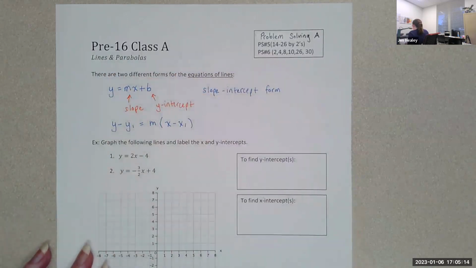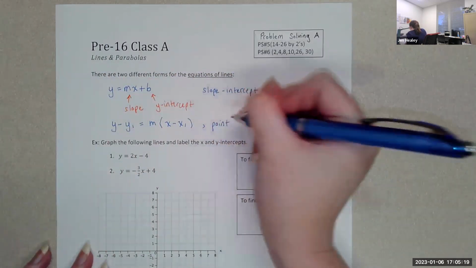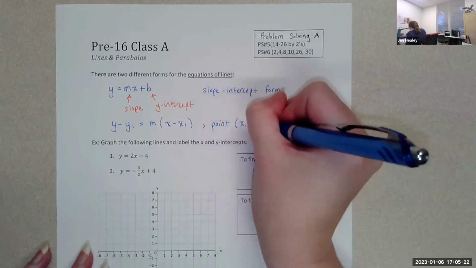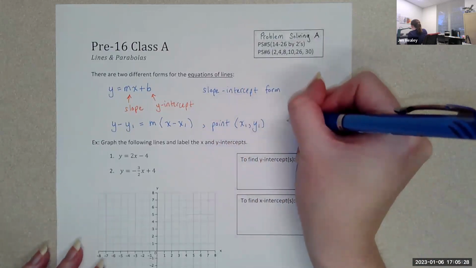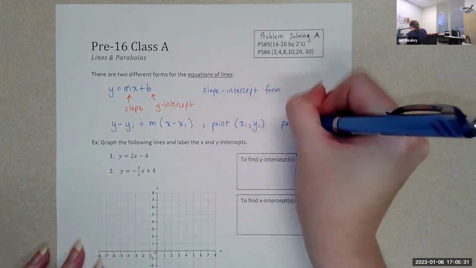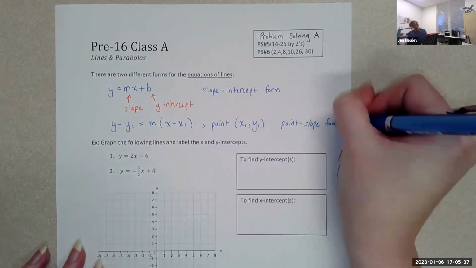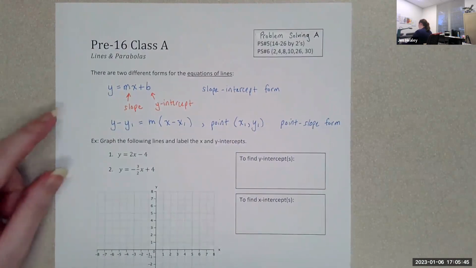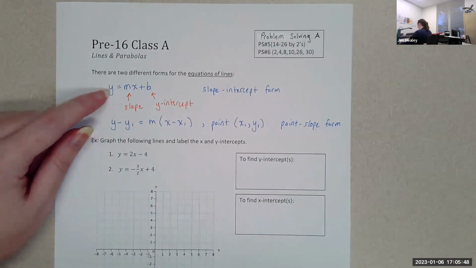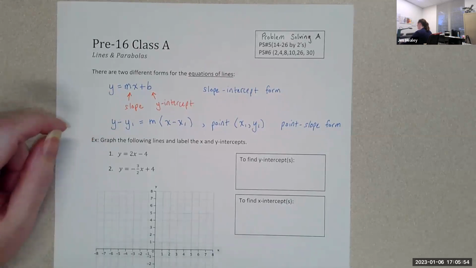When we have our equation of the line written in this form, the point is at the coordinates x1 comma y1. So this one's called point slope form. Both of them are useful in different situations. Typically, when we're graphing, the one that we like to use is the slope-intercept form, but when we're writing equations of lines, sometimes people prefer the point slope form.